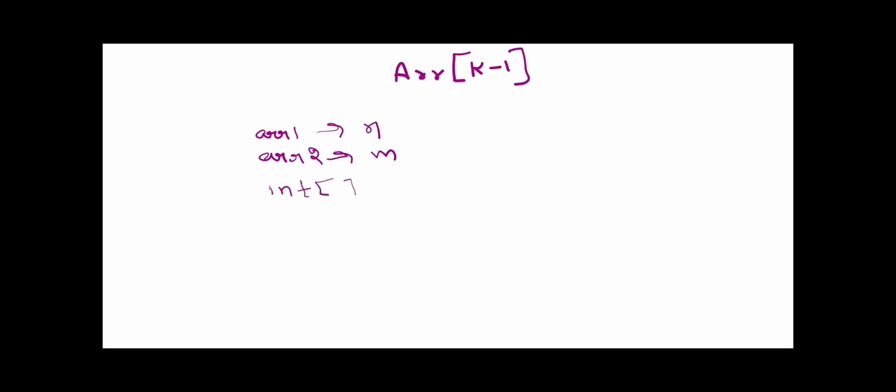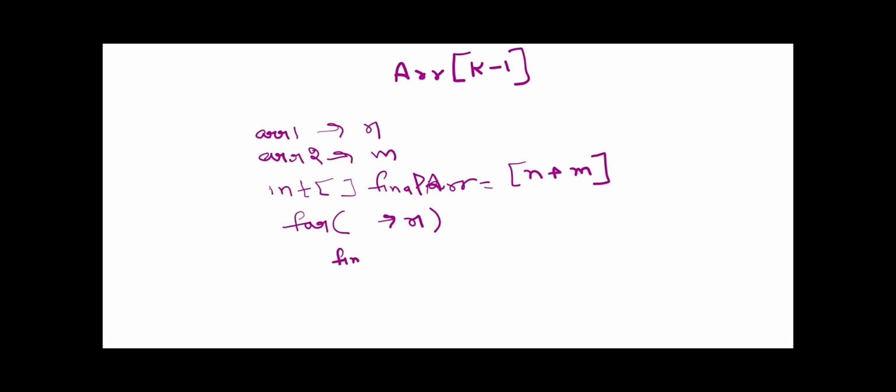We will create a new array, final array, of size n plus m. Now we will run one loop over the first array up to n elements, and we will insert all the elements of array 1 into the final array.